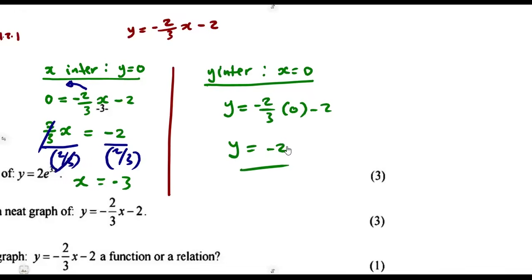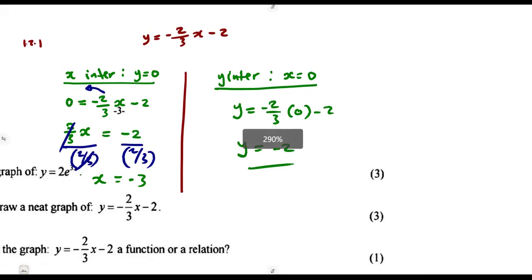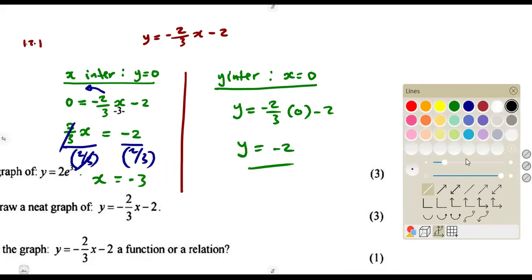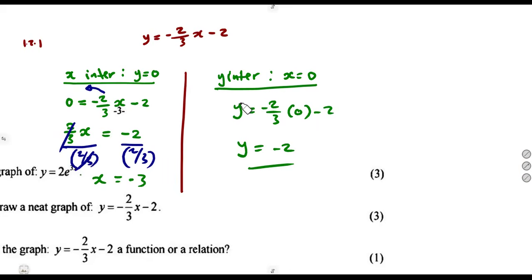Having these intercepts, our graph can be drawn from the x-intercept and the y-intercept that we are having. So it is very important that whenever you are to draw a straight line, you consider the intercepts. It's all about the intercepts, guys.